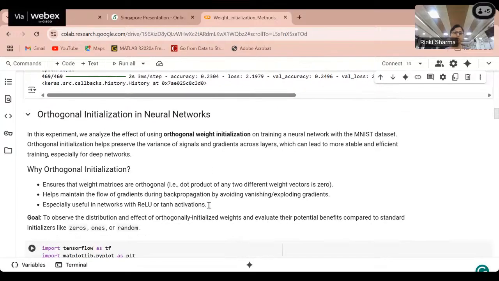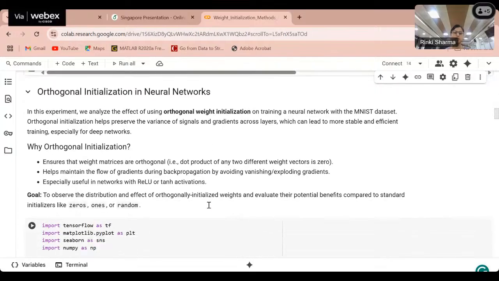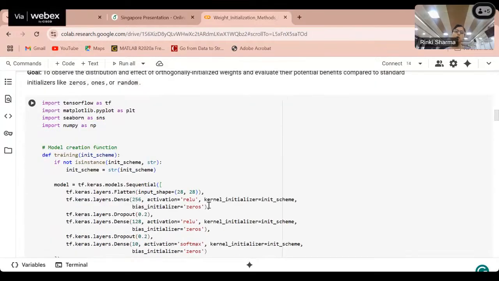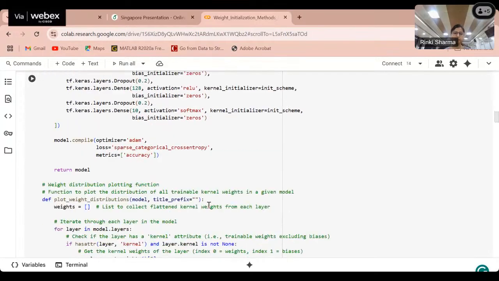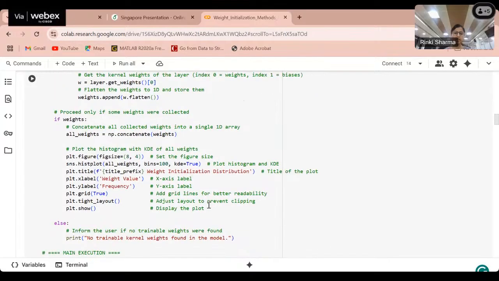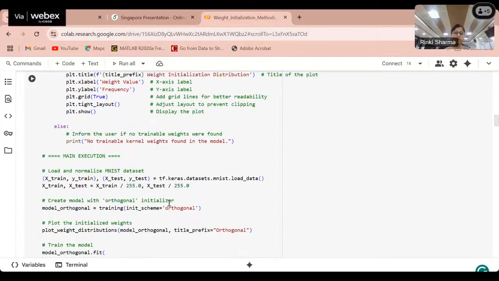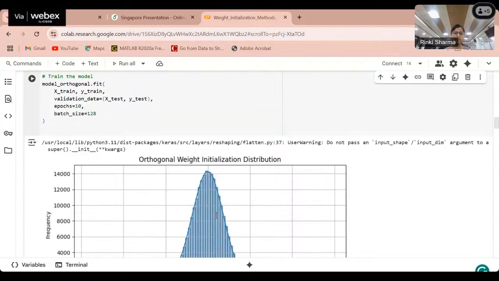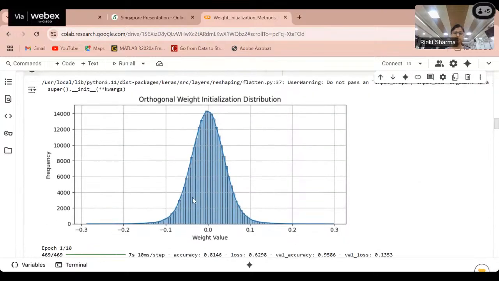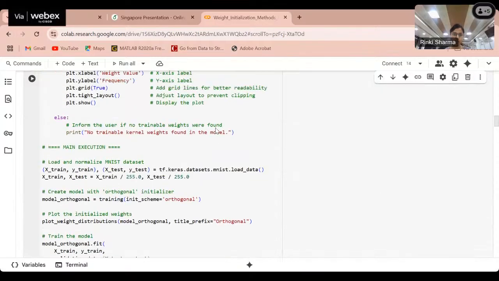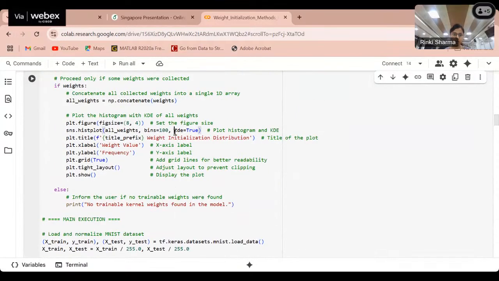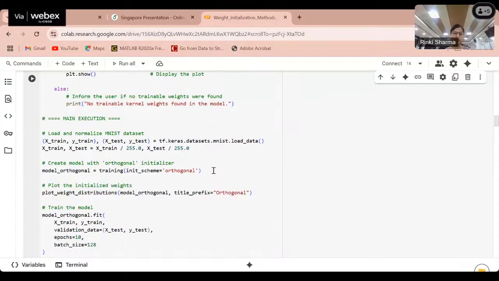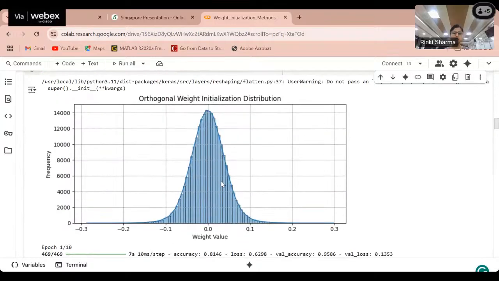And now we will do the orthogonal initialization in the neural network. Again, all things are the same here. We just provide the orthogonal initialization scheme here and see the distribution. So this is what kde equal to True does, this line, the smooth line above the histogram plot, which I mentioned.